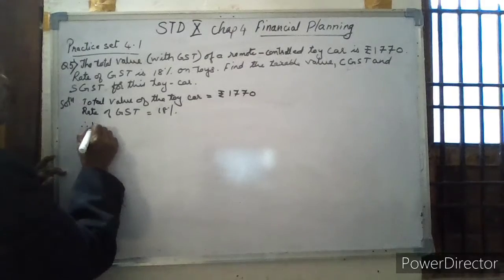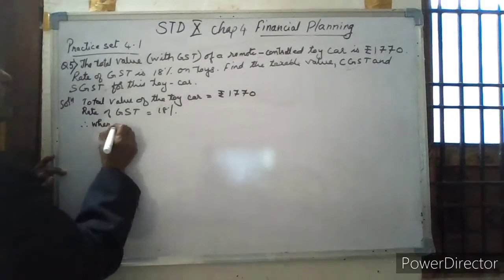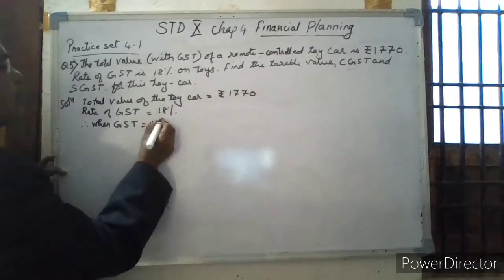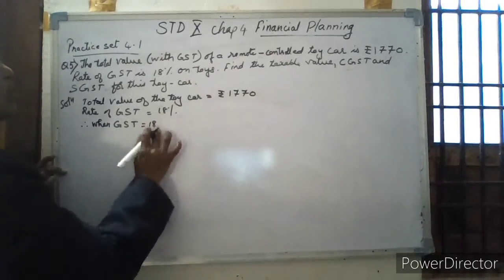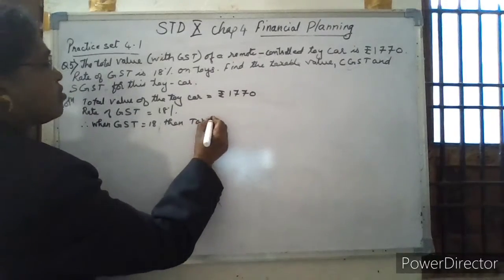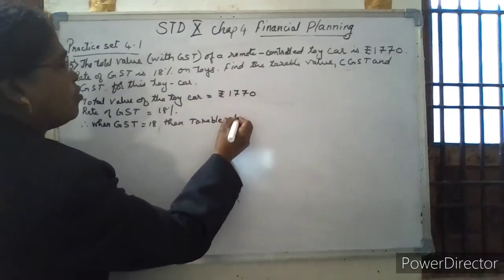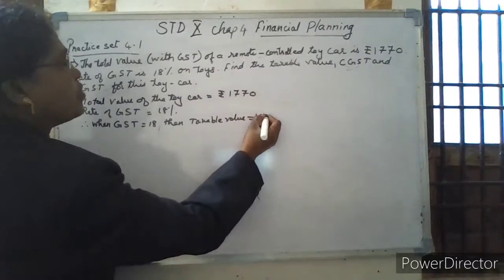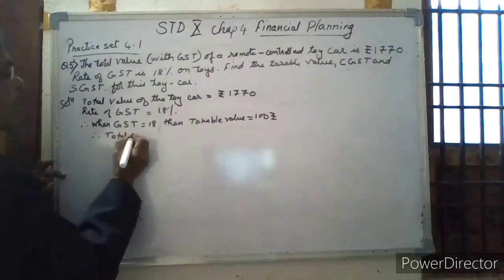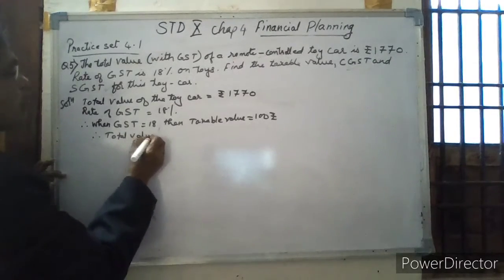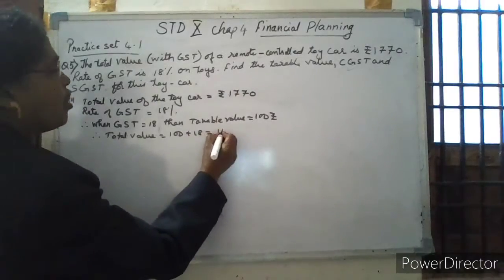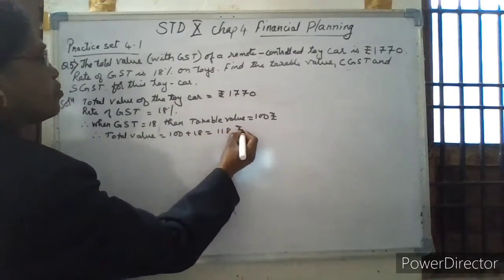Therefore, when GST is equal to 18 rupees, then taxable value, let us take it equal to 100 rupees. Therefore, total value will be equal to 100 plus 18, that is equal to 118 rupees.